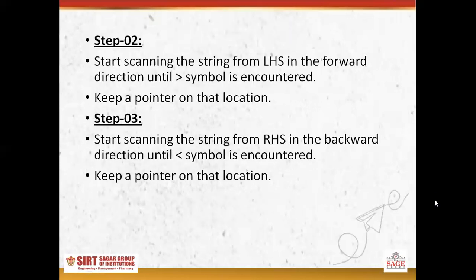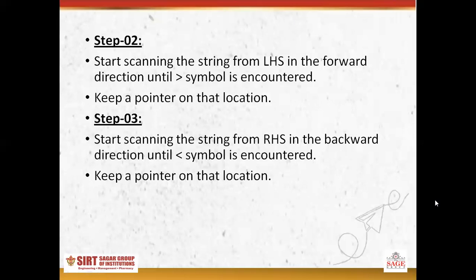Step number 2: start scanning the string from the LHS in the forward direction until the greater than symbol is encountered. Keep a pointer on the location. Step number 3: start scanning the string from the RHS in the backward direction until the less than symbol is encountered.